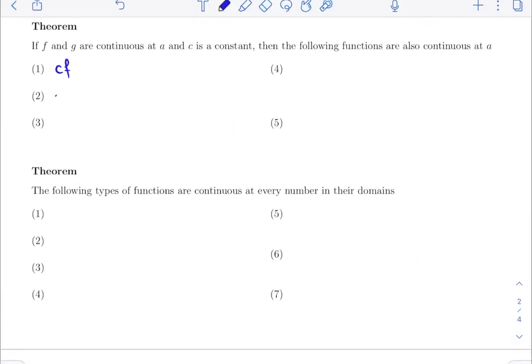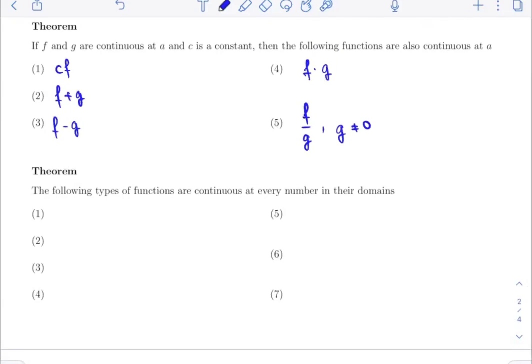The combined function f plus g is also continuous at a if f and g are continuous at a. The combined function f minus g is also continuous. The combined function f times g is continuous. And the quotient function f over g, given that g is different from 0, is also continuous at a if f and g are continuous at a.